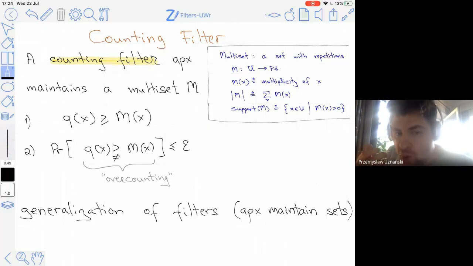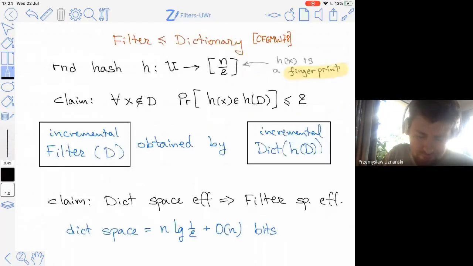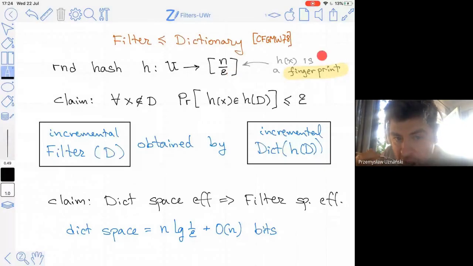Now, if you want to design a filter, the simplest way to do it is to use a dictionary. And this is a reduction that was presented back in '78 by Carter et al. What they suggested was to use a random hash function that maps the universe to a set of cardinality n over epsilon. We refer to h of x as the fingerprint of x.